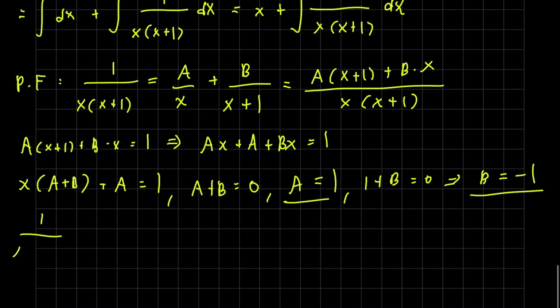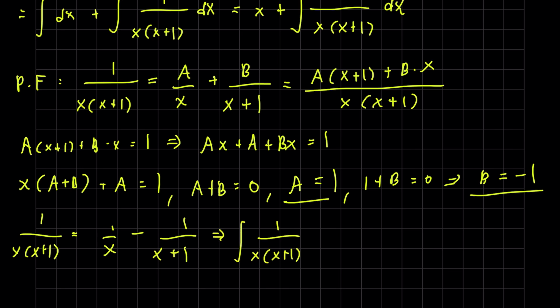So 1 over x(x + 1) is the same thing as 1 over x minus 1 over (x + 1). That means the integral of 1 over x(x + 1) dx is the same thing as the integral of 1 over x minus the integral of 1 over (x + 1).